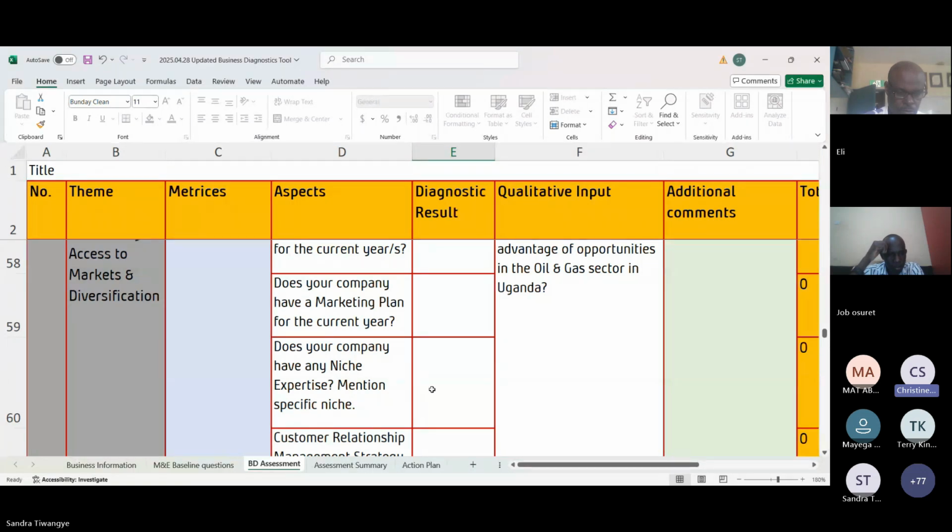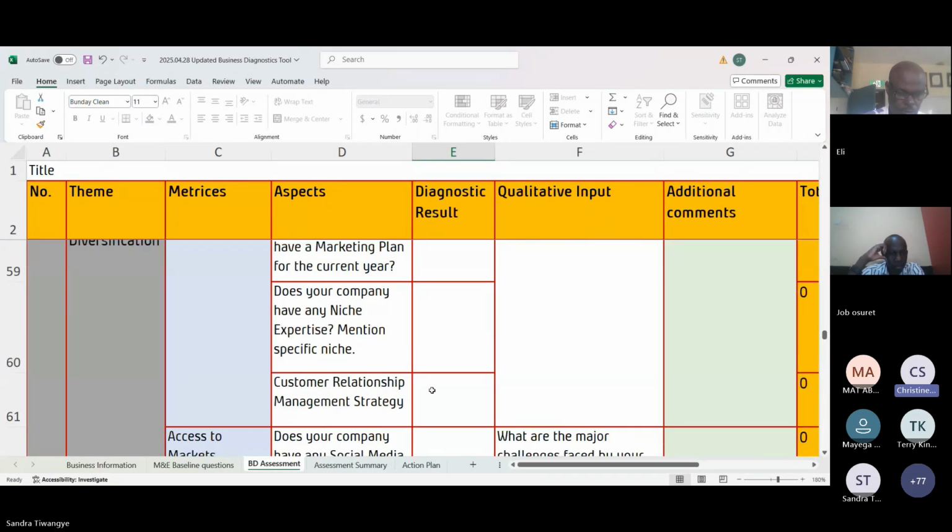And for those that need to know and understand what a niche is. A niche is that particular segment of the market that the company may target. For instance, you may think about general clothes.